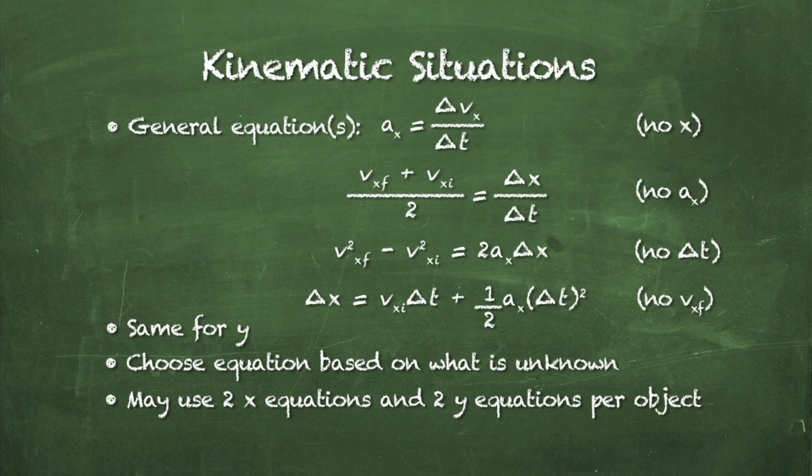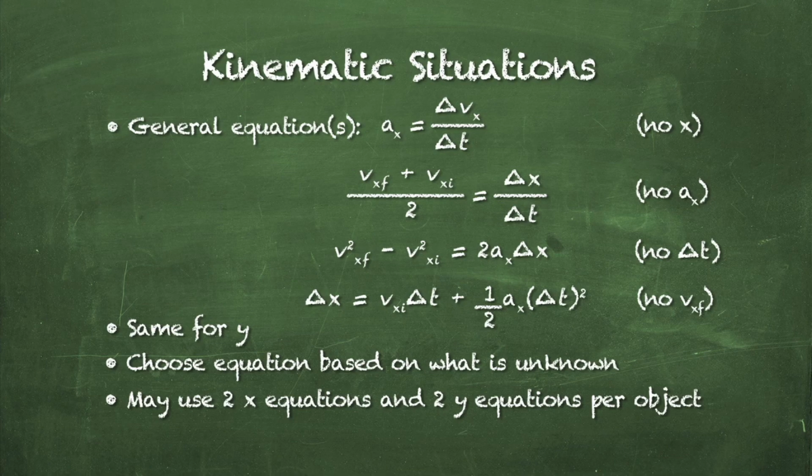Vx final squared minus Vx initial squared equals 2Ax times the change in x, doesn't have time in it. And finally, the change in x is equal to Vx initial times the change in time plus 1/2 acceleration in x times the change in time squared, doesn't have the final velocity in it. We have the same equations for y, where you just replace x with y.